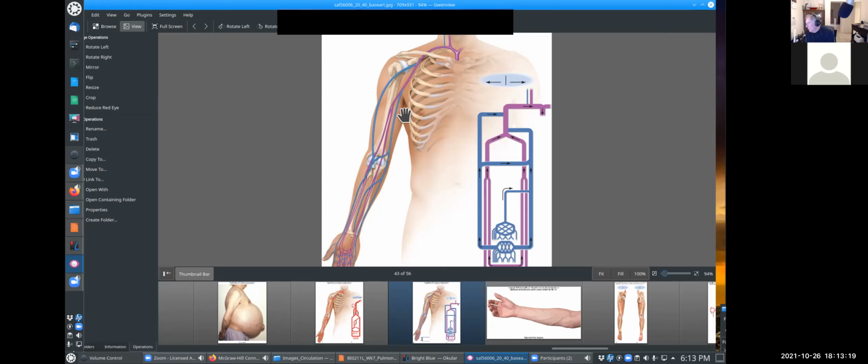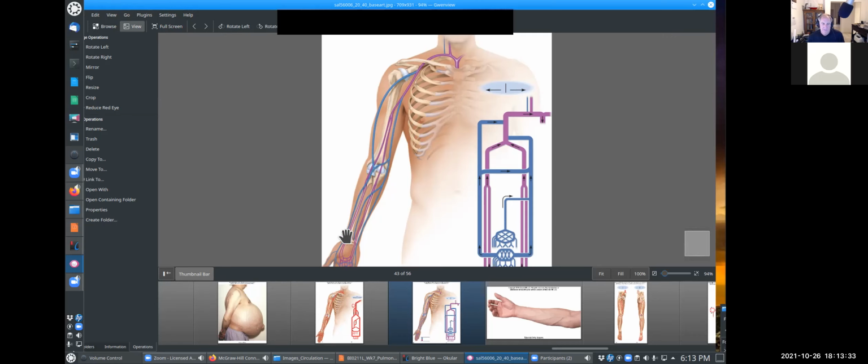Was that one the median cubital? No, but we'll get to that in a minute. That's another important one. So that one's basilic then? Basilic, that's right. And the easy part about this, it's cephalic all the way down. So anything running on the thumb side is going to be cephalic, and basilic is named basilic all the way down here.